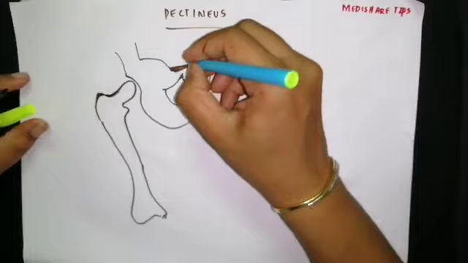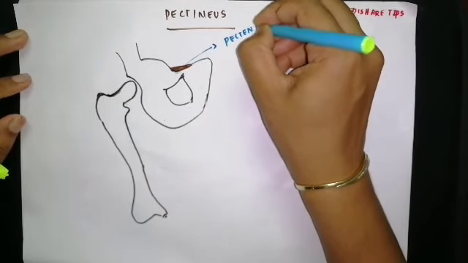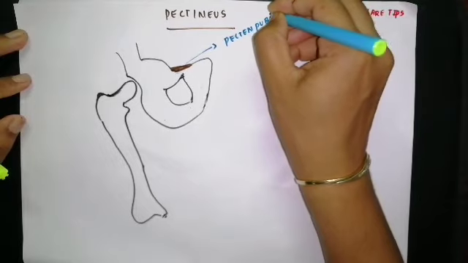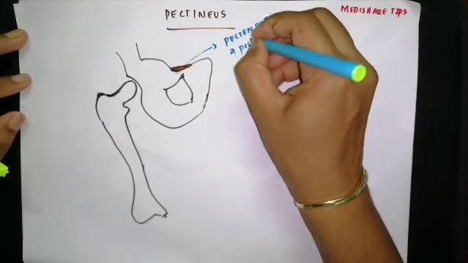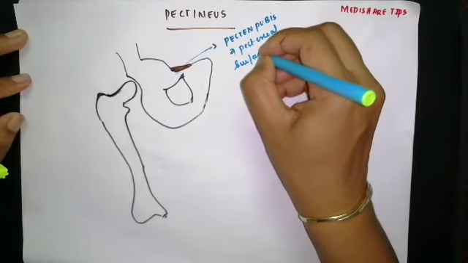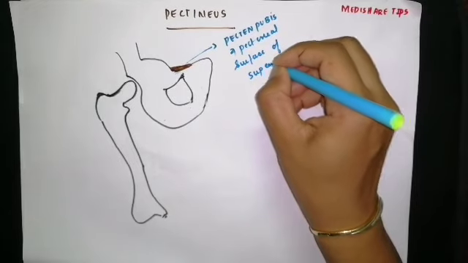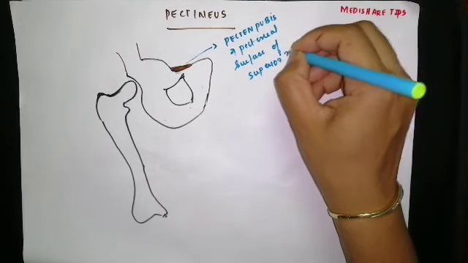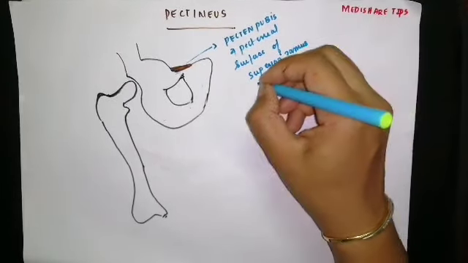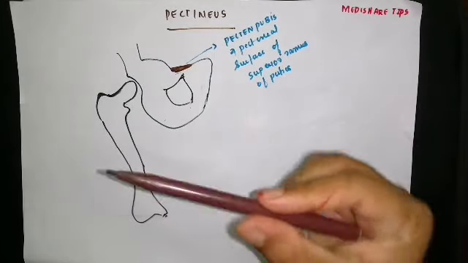So the origin is from the pecten pubis and pectineal surface of the superior ramus of pubis. That is the origin of this muscle.